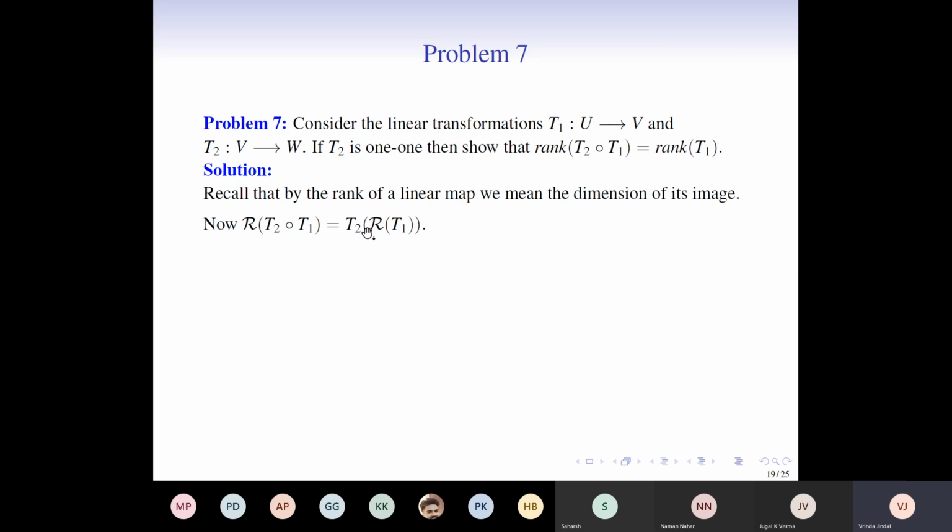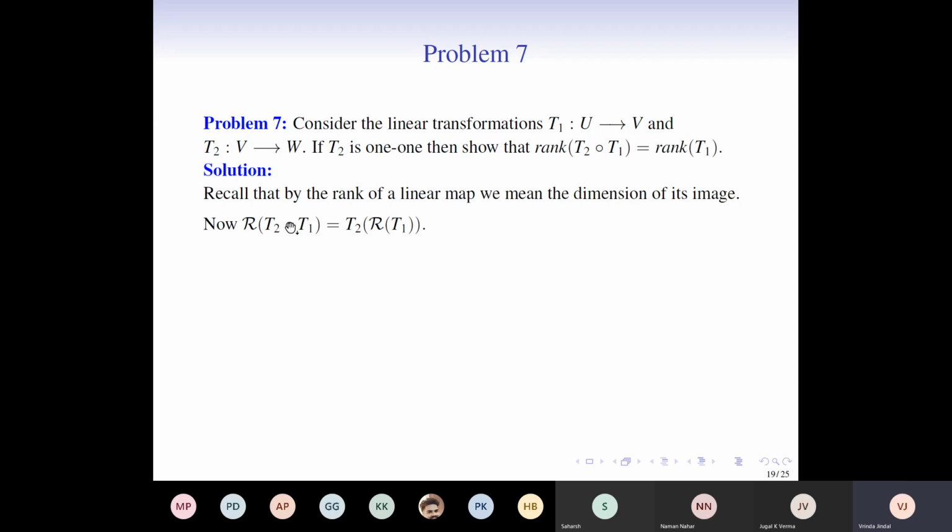And what does the right hand side say? The right hand side says range of T1. What is range of T1? It is the set of all vectors that can be achieved by applying T1 to U. So in T2 T1, T2 will be getting as inputs only those which are achievable by T1.